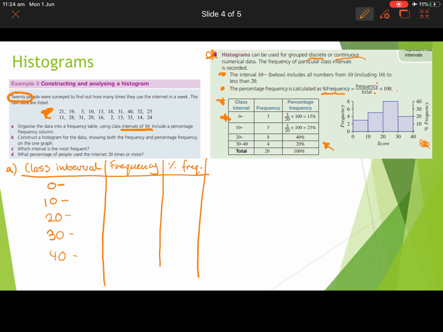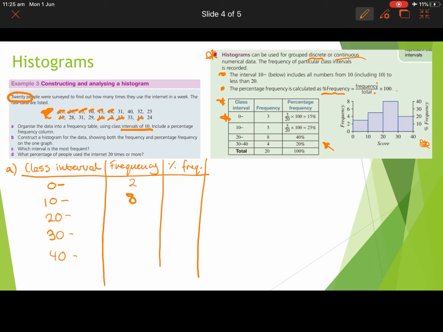Okay, so frequency. How many numbers between 0 and 10, but not including 10? So we've got 1, 2. Okay, so we've got 2 here. Then we've got from 10 up to 20, but not including 20. So we've got 1, 2, 3, 4, 5, 6, 7. Oh, I forgot this 19 here on my last one, so that should actually be 8.